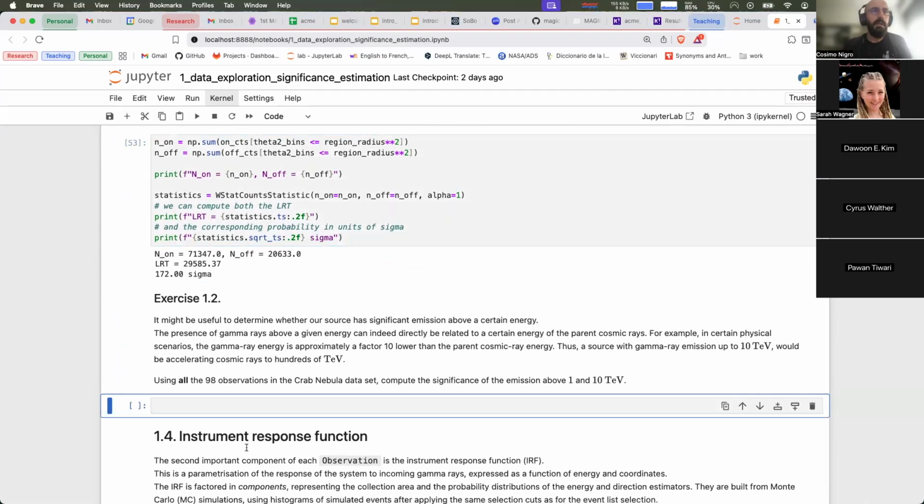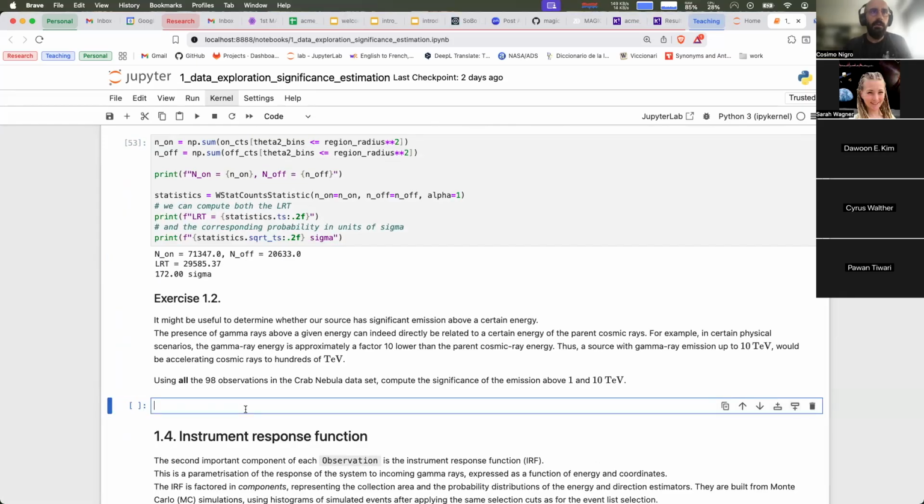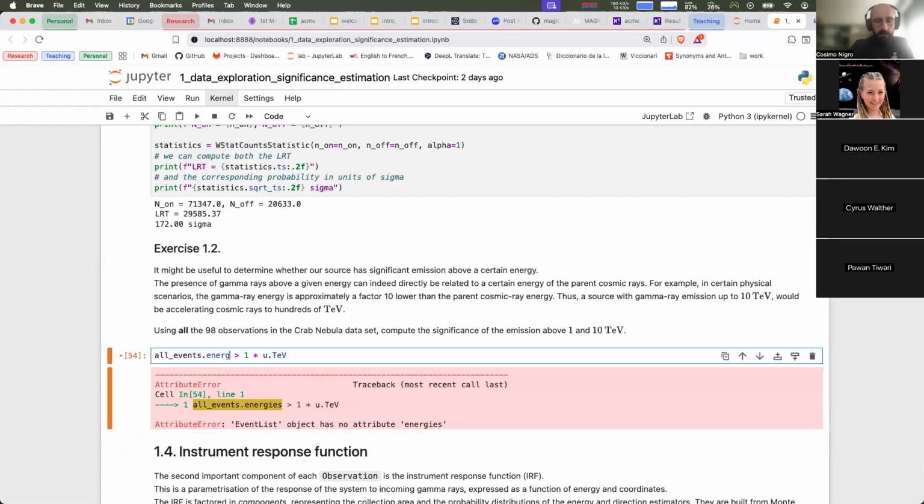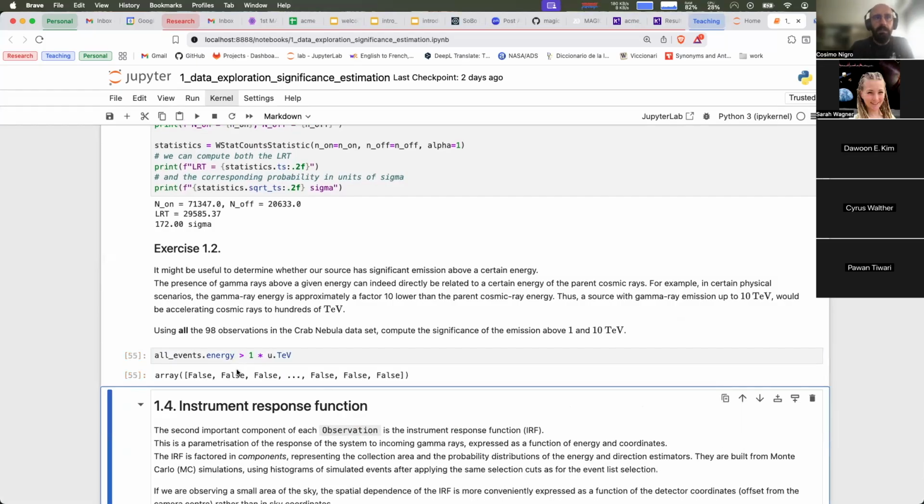The only suggestion that I will give you is that you can create a mask. So we have the list of all events that we created following Fernando's suggestions. If you try to write some logical relation, it should automatically produce a mask.